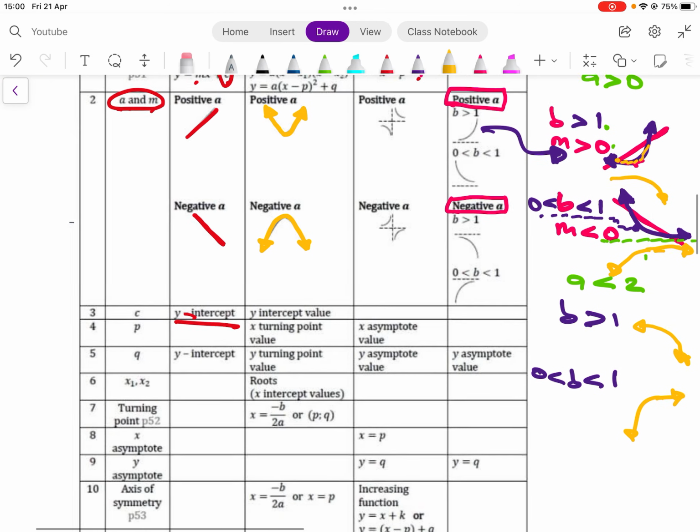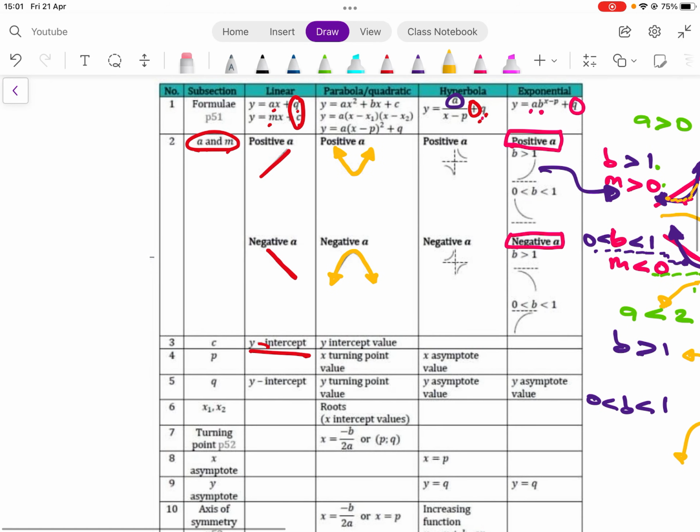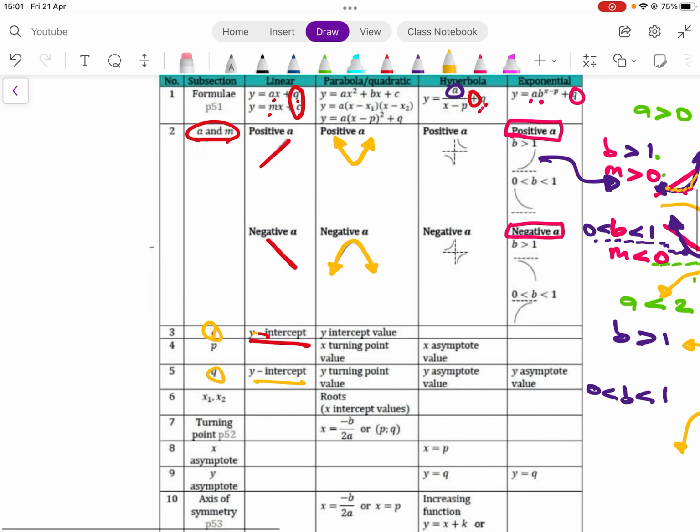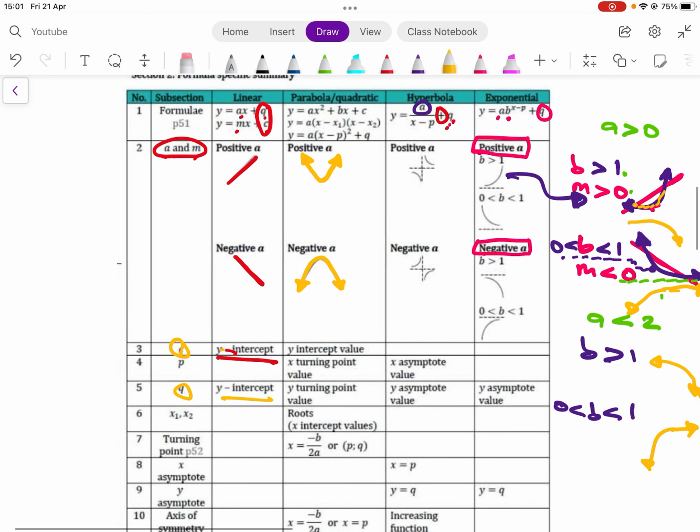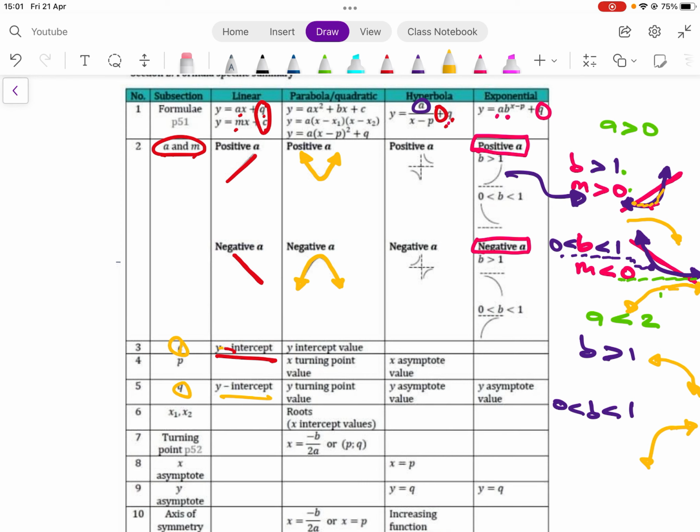And let's look at some of the parameters for each of these functions. We spoke about A and M being the gradient, and C as well as the Q for the linear function. Those are the y-intercepts. There's nothing much about that. And then we go to quadratics or parabolas.